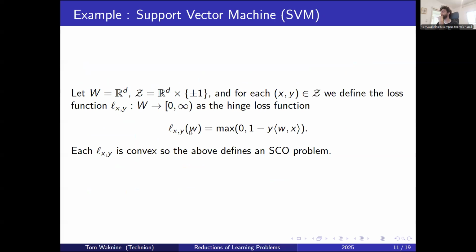So what will be our convex loss function? L_x,y at the point W is the maximum between 0 and 1 minus y times the inner product between W and x. This is called the hinge loss function. Maybe some of you know it. It's pretty useful. You can check it's convex. So this defines a convex stochastic convex optimization problem.